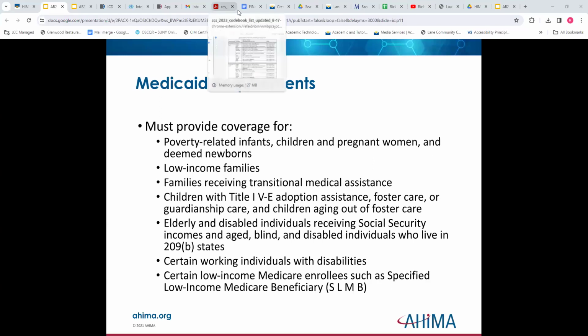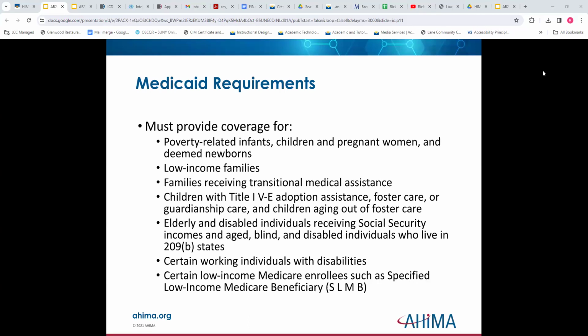Medicaid must provide coverage for the following: poverty-related infants, children, pregnant women, and other newborns, low-income families, families receiving transitional medical assistance, adopted children, foster care children, children that are aging out of foster care, elderly, disabled, and disabled individuals who are receiving Social Security, right?